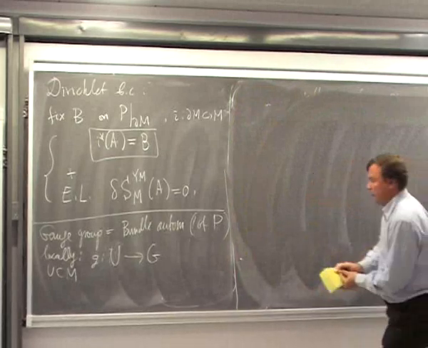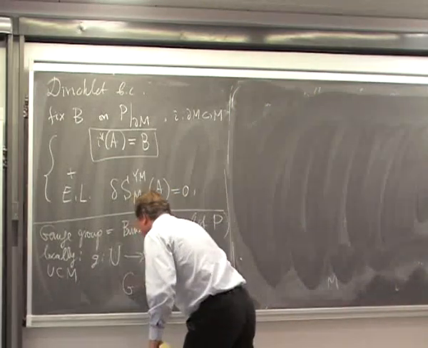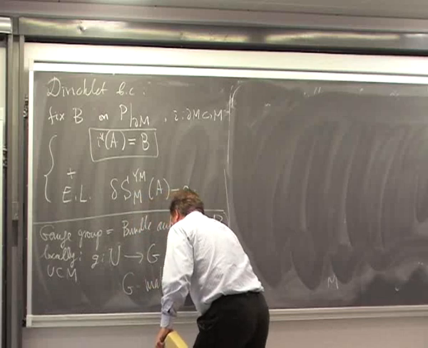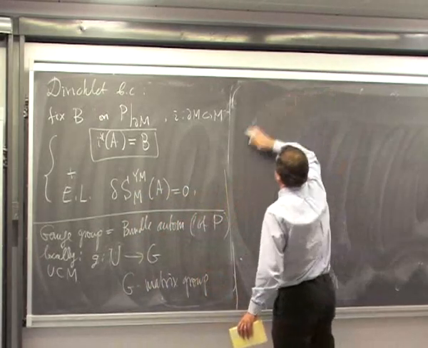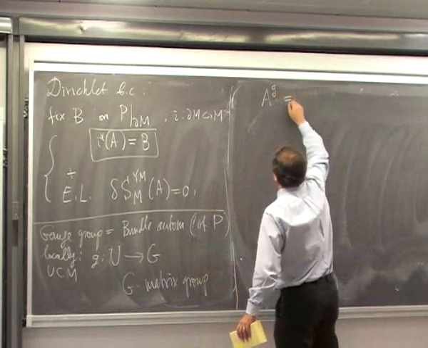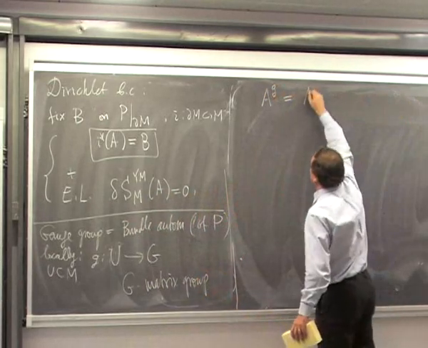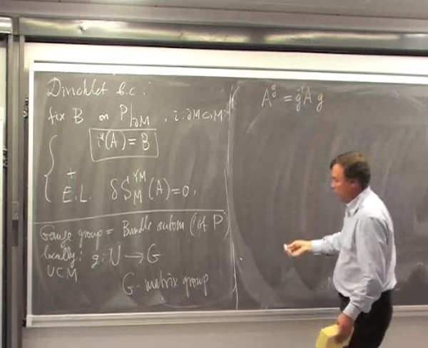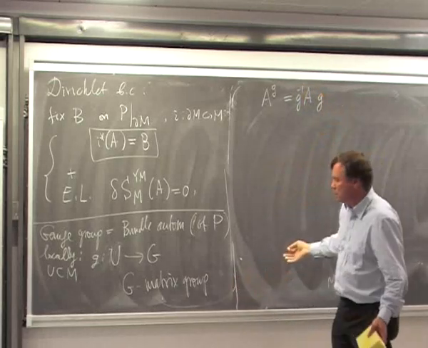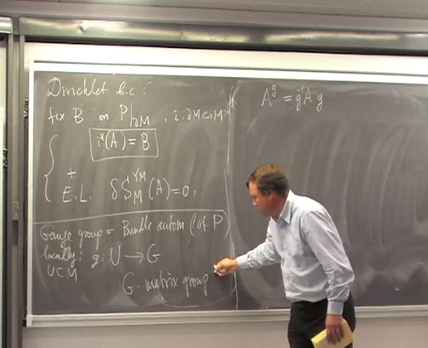And locally, let's just for simplicity assume that G is a matrix group. So then the action of the gauge transformations on connections is given by this. So it's a matrix group. It means that it's a subgroup in n by n matrices.